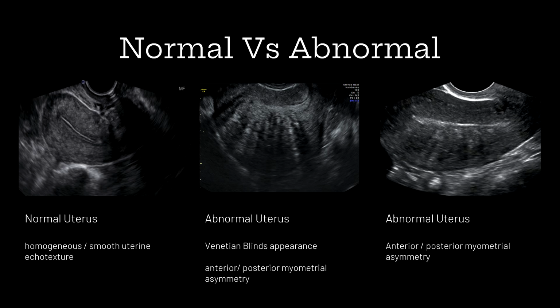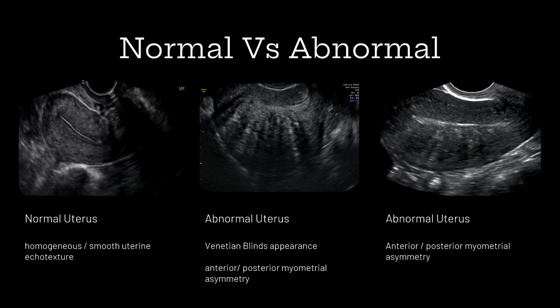A lot of times with adenomyosis, you'll have what they call anterior posterior myometrial asymmetry. What that means is you don't have equal parts, or symmetry, as far as thickness on the anterior aspect of the uterus as you do on the posterior aspect.